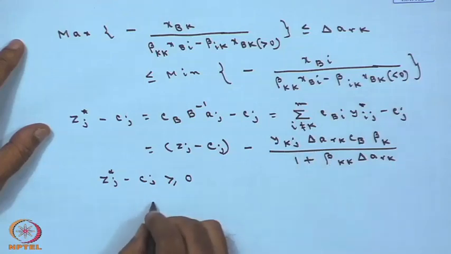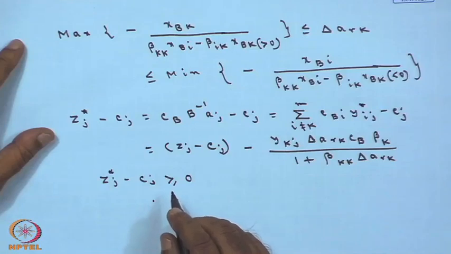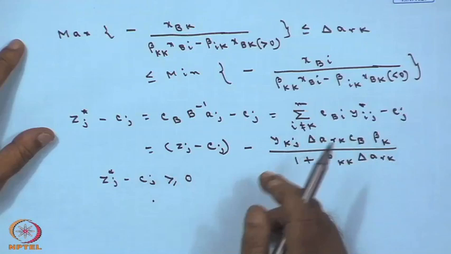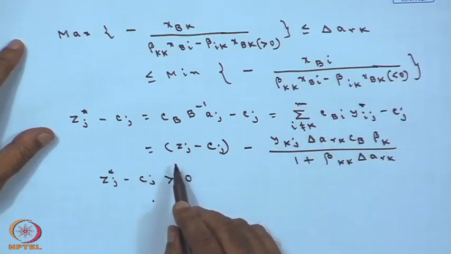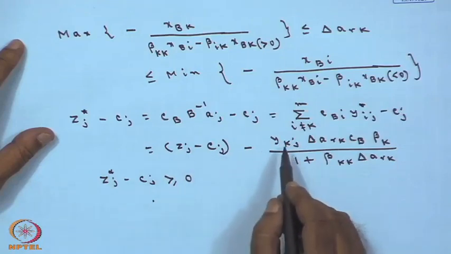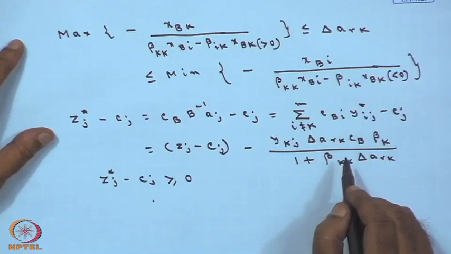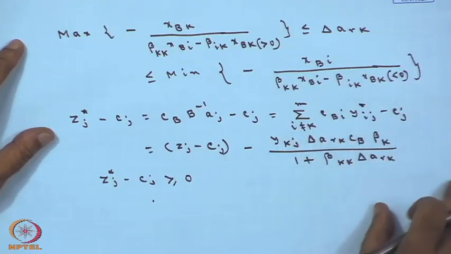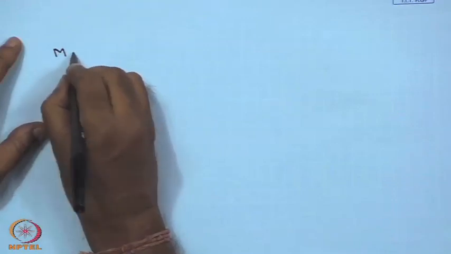Depending upon whether the denominator value is greater than 0 or less than 0, I can find a range of delta Ark. Basically you put the value of Zj minus Cj here, and you get delta Ark in some function; after taking this common, depending on whether the denominator is greater than 0 or less than 0, you will obtain the range.